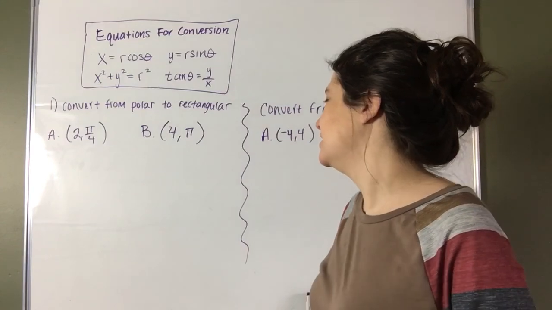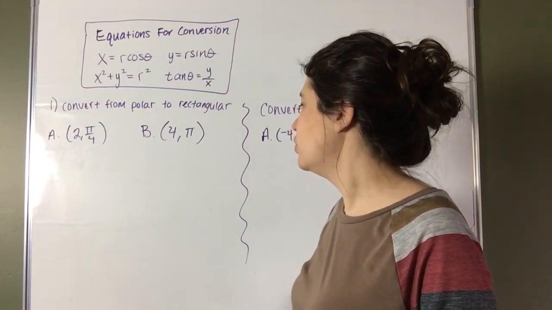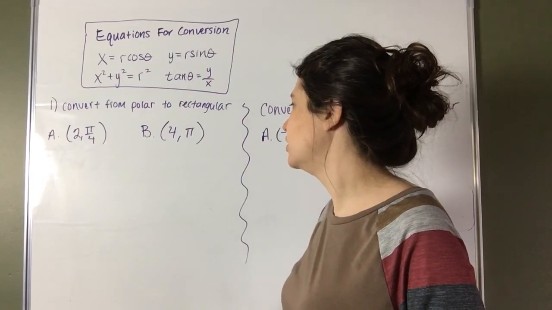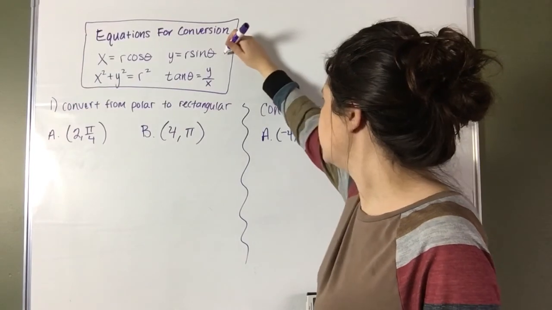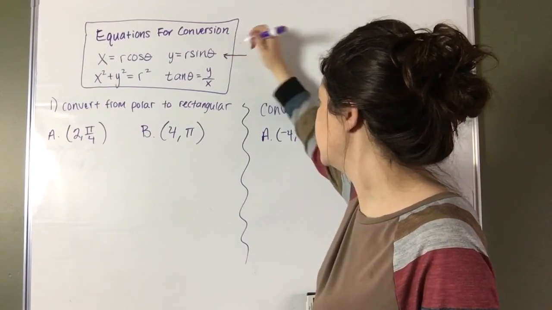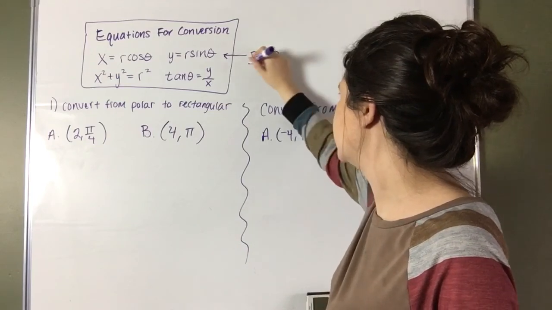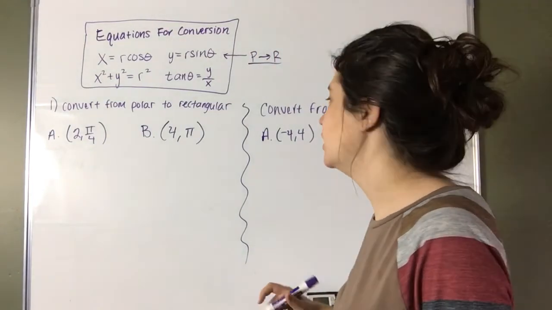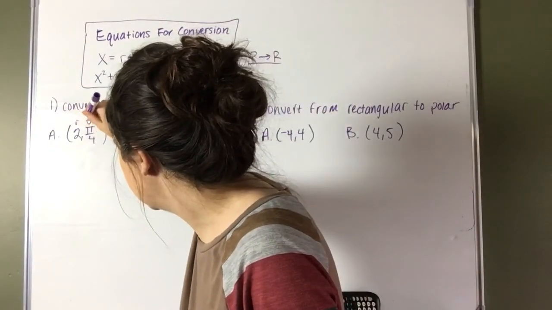We have (2, pi over 4), wanting to convert that into rectangular coordinates. These are the equations that you're going to use, these top 2 equations here, to go from polar to rectangular. And it's really simple. So this is r and this is theta.